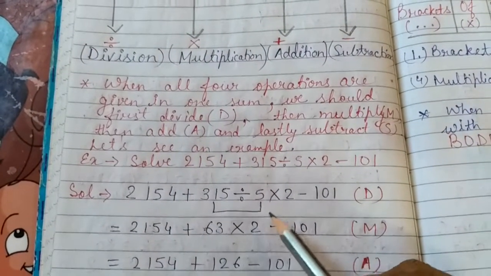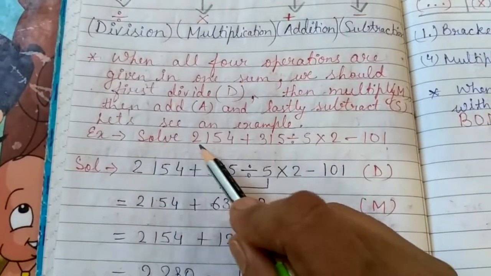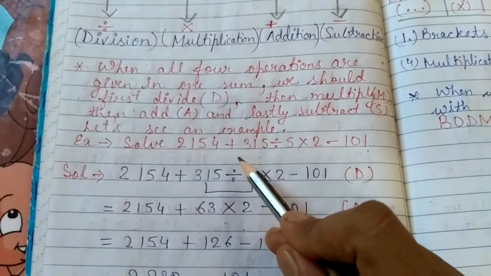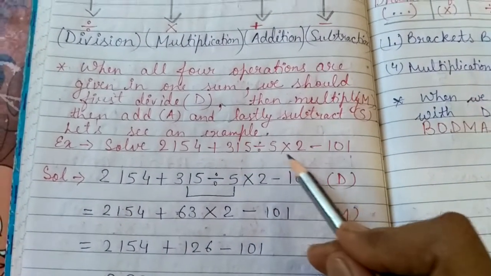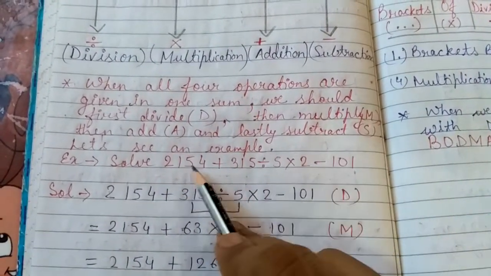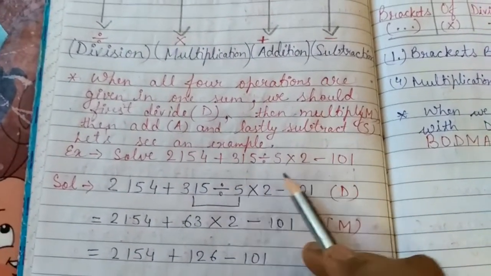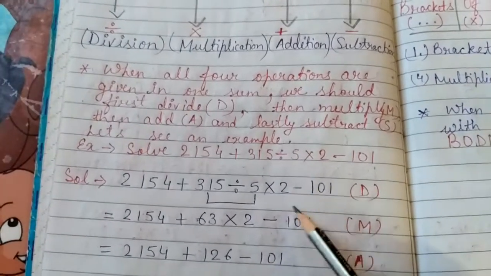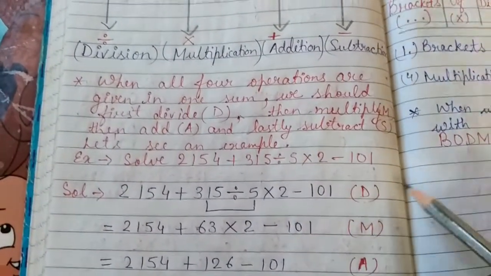With this example, you can see this is a question: 2154 plus 315 divided by 5 into 2 minus 101. If in a single sum all the 4 operations are there, then we have to start solving from the division part of the question.